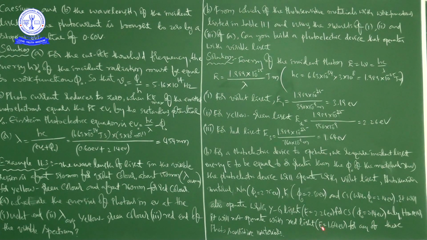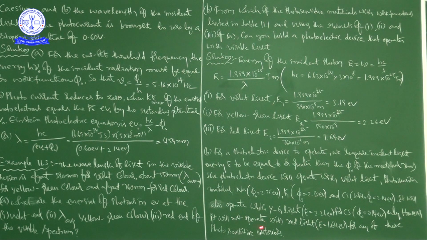You just compare these two. This should be greater than this, right? So it will also operate with yellow green light for cesium, with its work function value only. However, it will not operate with red light, that is, the energy is 1.64 electron volt, for any of these photosensitive materials, because the work functions are 2.75, 2.30 and 2.14.